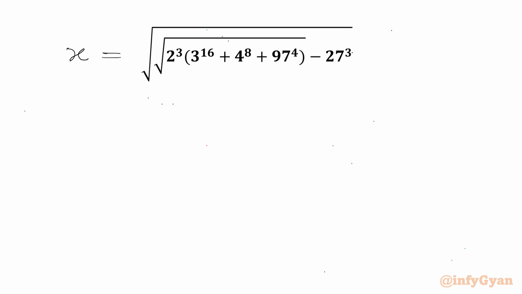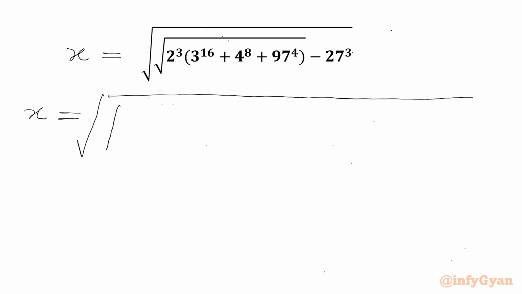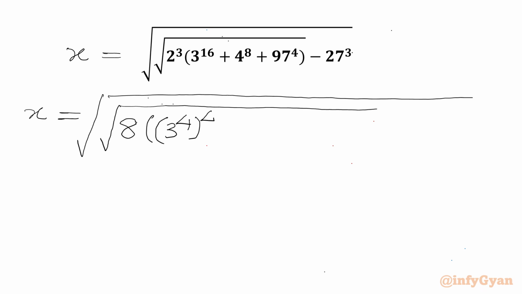Now we will write x equal to the square root of 2 power 3 is 8, in the bracket 3 power 16. We can write this as 3 power 4 and then whole power 4, 4 power 8.